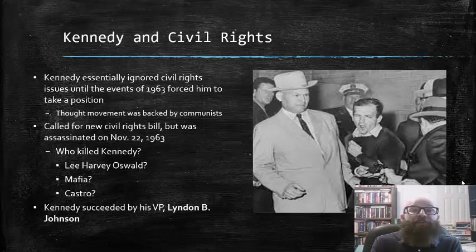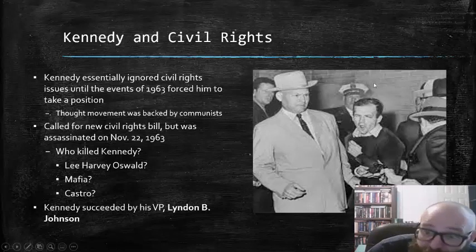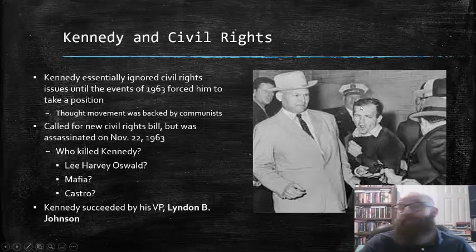And this assassination led to one of the biggest controversies and mysteries in all of American history of who actually killed John F. Kennedy. Was it Lee Harvey Oswald, as the official story went? This Lee Harvey Oswald is the gentleman that you see here, who himself was assassinated by this gentleman, Jack Ruby, merely a few days after Kennedy's assassination.